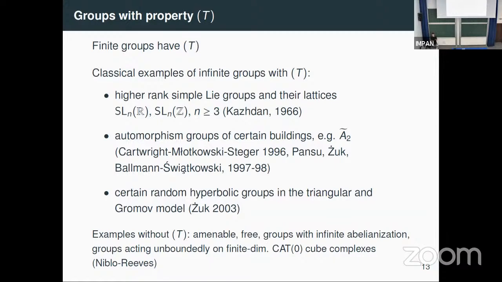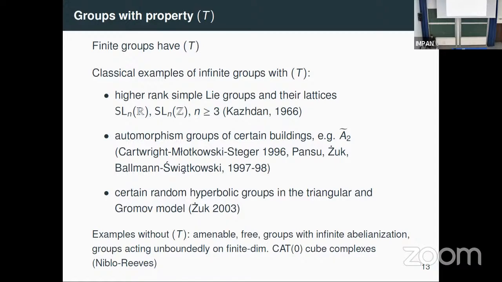For instance, these A2 tilde buildings, you can visualize them as planes triangulated, and at every edge you have another triangle and another plane sticking out, and you continue this to infinity. There was another method, the so-called spectral geometric method, used to prove that the automorphism groups of these simplicial complexes have property T.